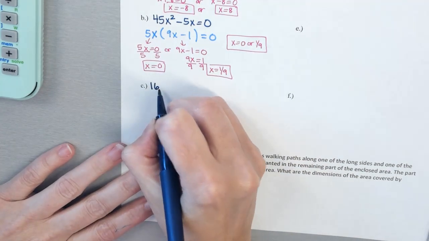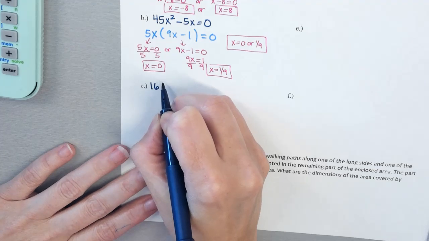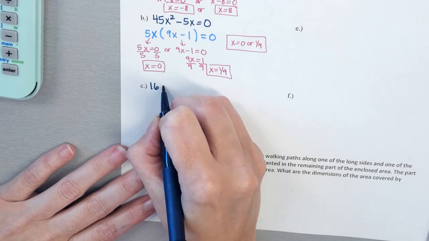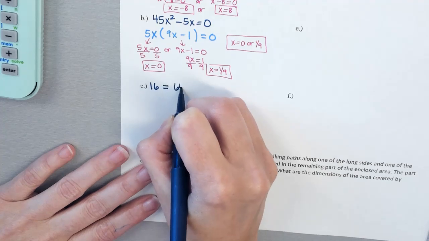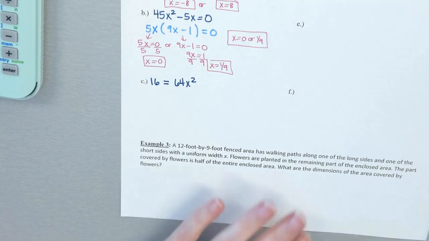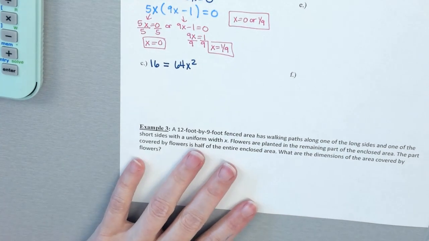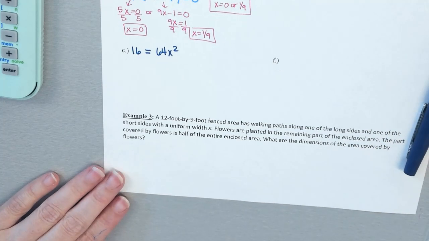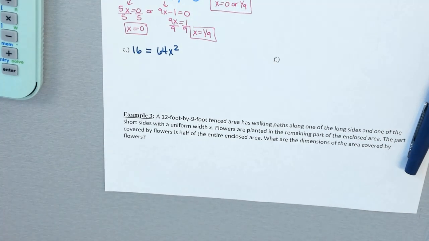Okay, so for part C, we have 16 equals 64x squared. Your first step is to move everything over to one side.